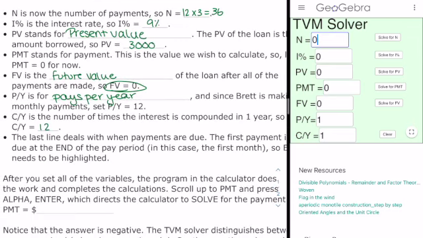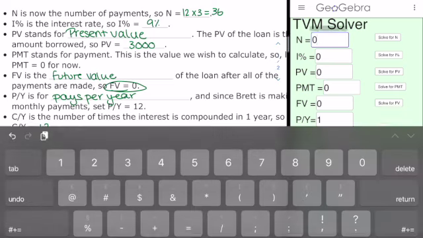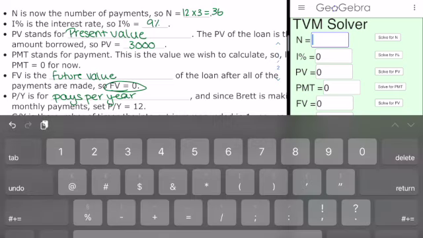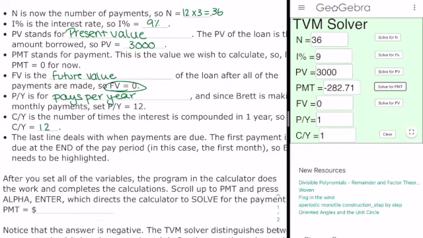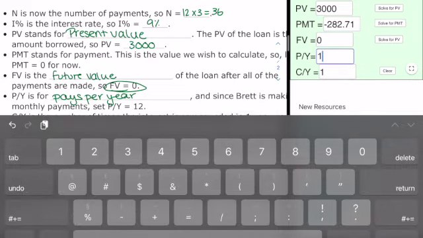Finally, you put all of this into your calculator. 36, 9, present value 3,000, and then 12 and 12.